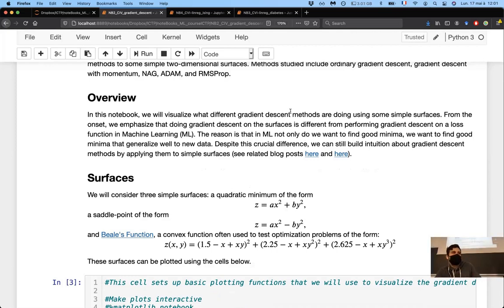Of course, in very high dimension, where you are not moving on a surface but in a 10,000 dimensional space, things are different, but still we can gain some intuition of what is going on in 2 dimensions.